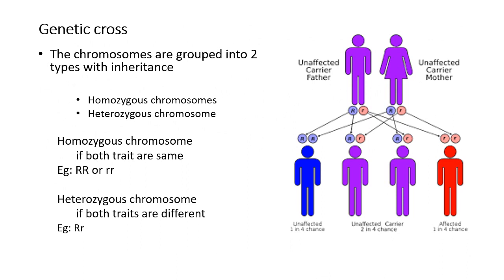In a homozygous chromosome, the chromosome contains the same trait, either dominant or recessive. In a heterozygous chromosome, the two traits are different, one being dominant and the other recessive. In this diagram, you can see how the traits are passed from the parents to the offspring.